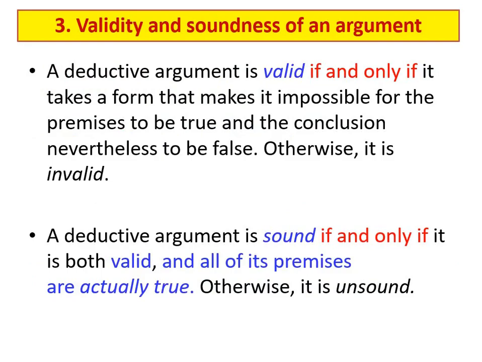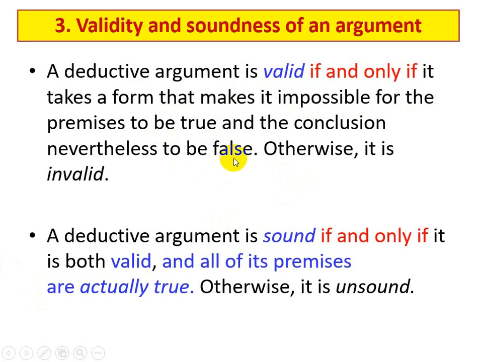Okay? So, next, what about the validity and soundness of an argument? Because the argument may be valid or invalid, it may be sound or unsound. We state here that an argument is valid if and only if it takes a form that makes it impossible for the premises to be true and the conclusion nevertheless to be false.